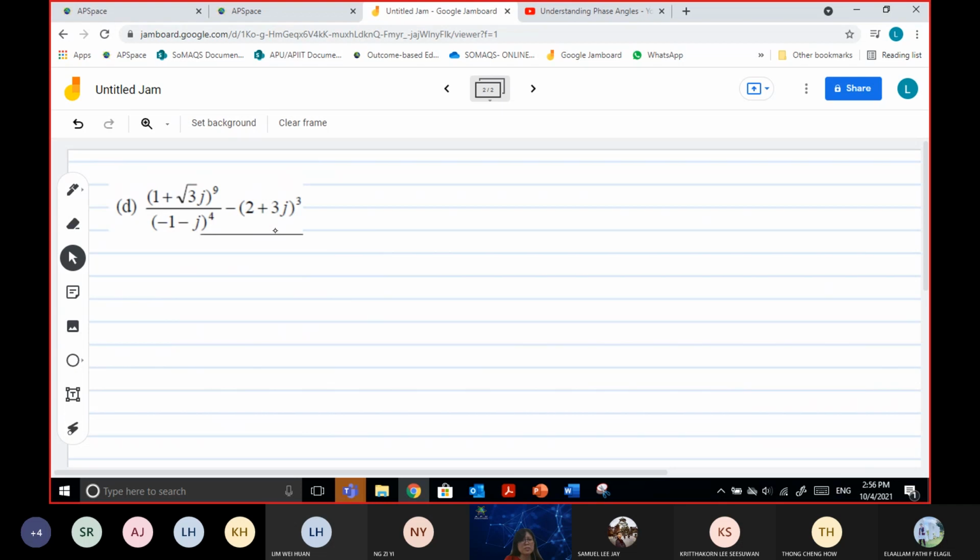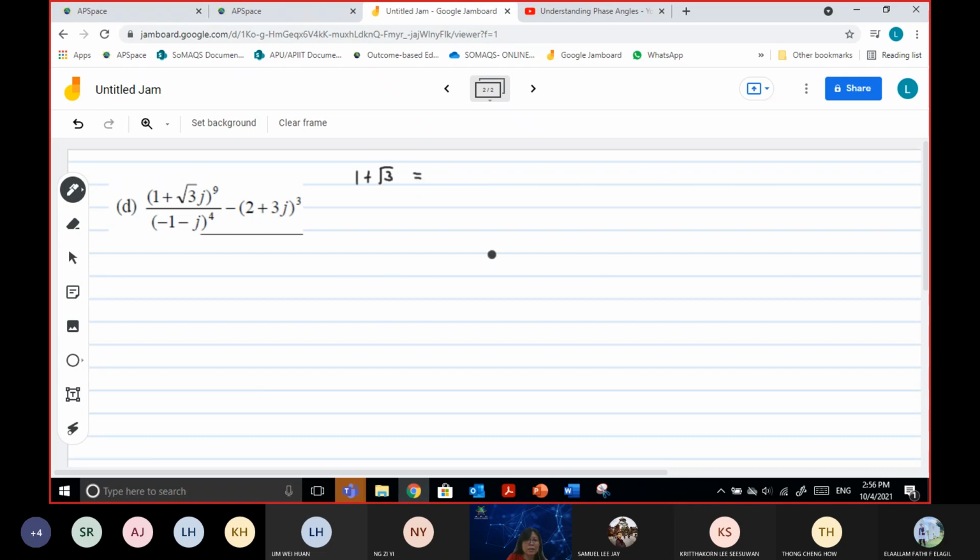In order to use de Moivre's theorem, we need to convert all of them to the polar form. Let's start with the first one, 1 plus square root of 3.